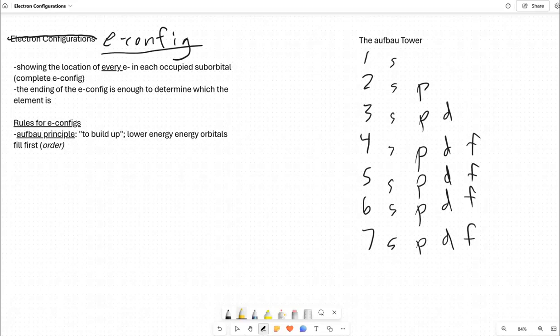Here's the extreme coolness about this: it coincidentally gives you the exact pattern of what energies come first. So if Aufbau is all about order, this is how you know what subshell comes next. If you go, okay, I've filled everything that I got, I'm following the principle, but you need more, go to the tower. That's how you know what comes next.